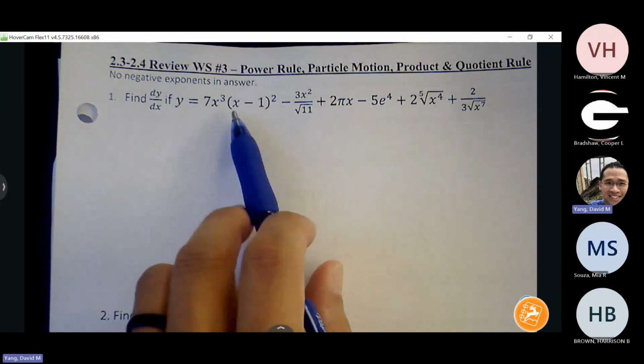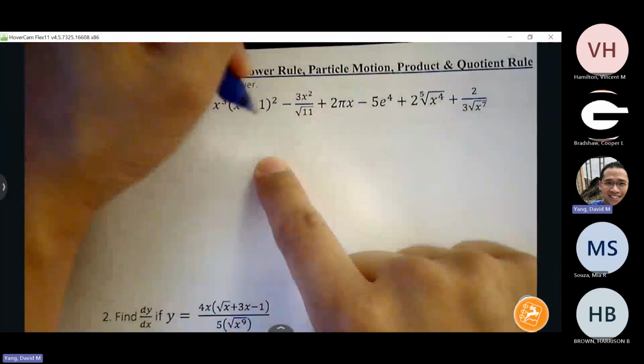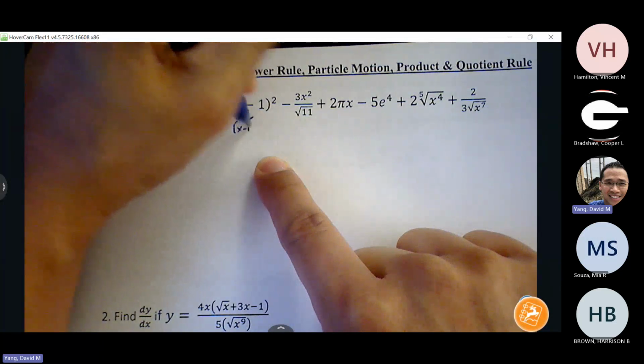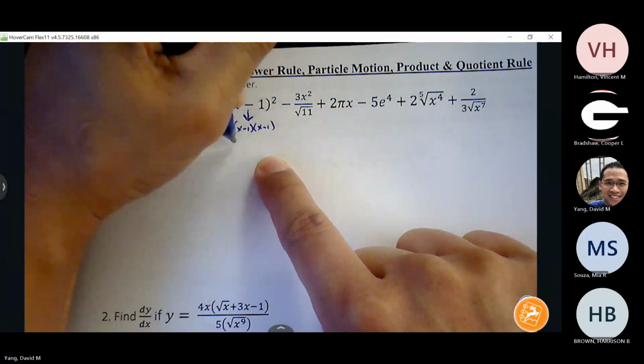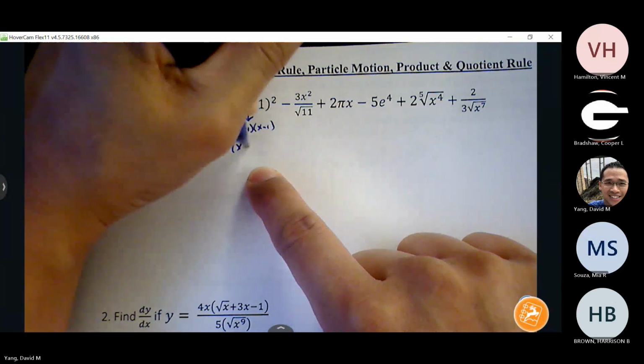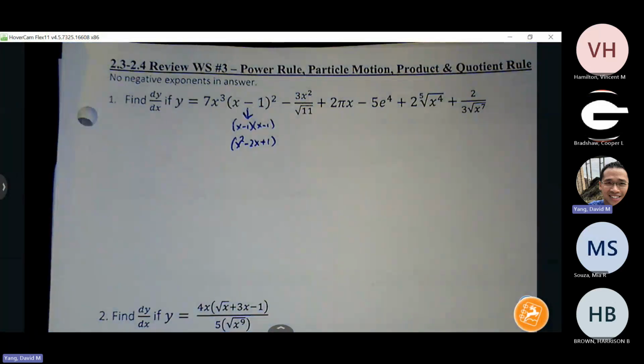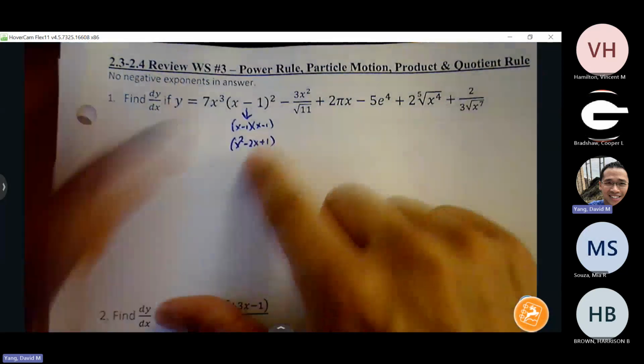Let's just expand everything out and rely on power rule. So I see the (x-1) squared. I'm going to pull that out for a moment. I just want to point out that students could do chain rule, but we don't want to. It's just easier to fold everything out.